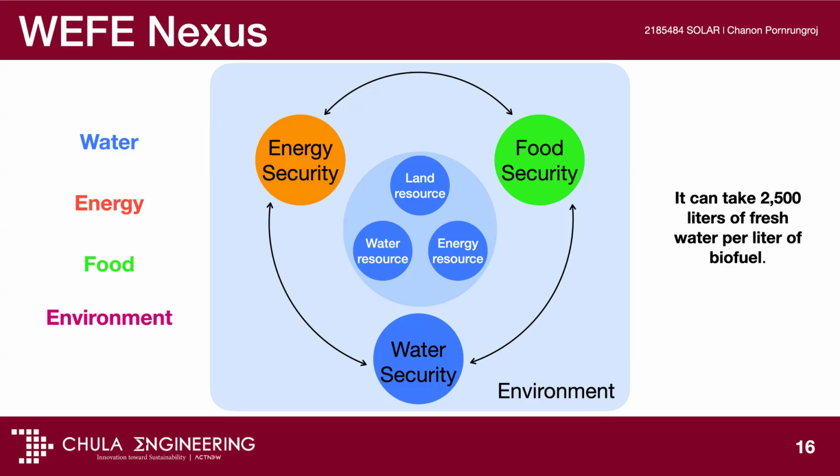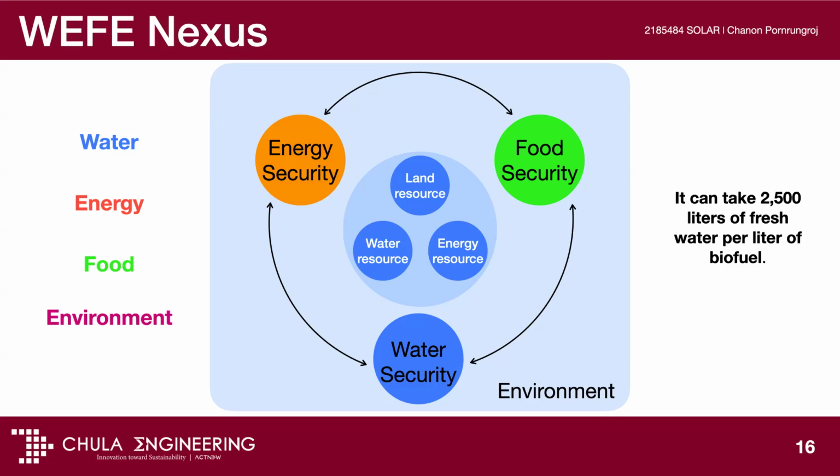And as you know, fresh water seems like a lot, but it only accounts for 2-3% of the global water, mostly as sea water. So if you need a lot of fresh water to make renewable fuels, like making hydrogen, it will also affect the water security of our society.